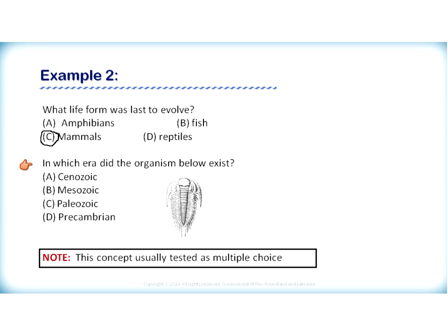The next question reads, in which era did the organism below exist? So if we look at the organism located to the right of the answers, this is a trilobite. And a trilobite is an invertebrate which lived throughout the Paleozoic era.